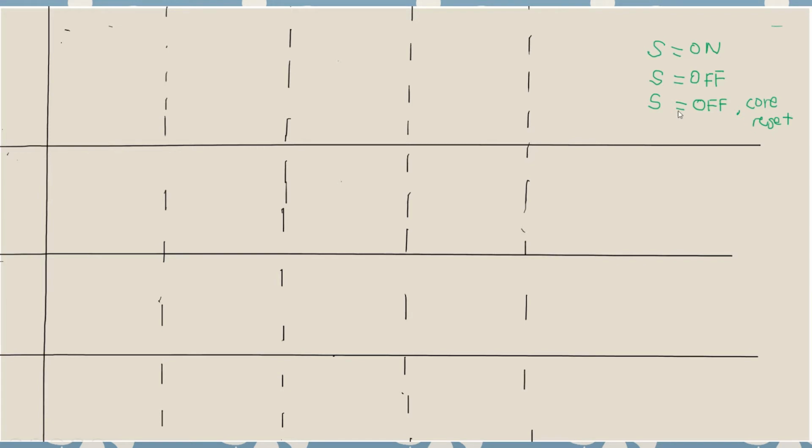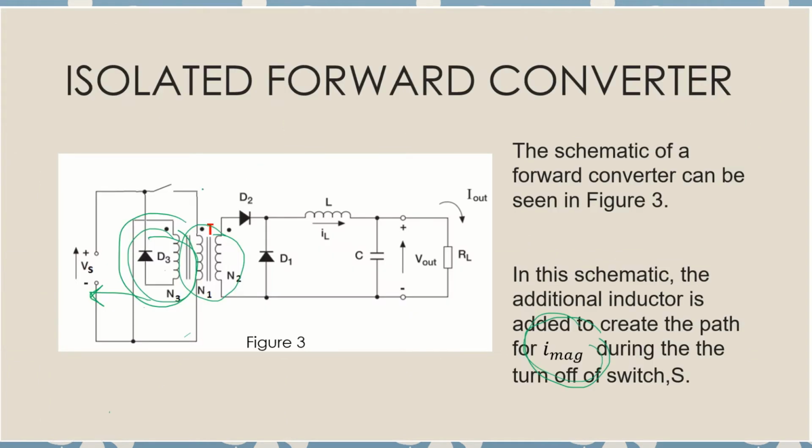So the forward converter has these three main switching states, because S is the switch. Where is S? Here is S, this is the switch. So this switch has three states: one when it's on, one when it's off, and also when it's off but in core reset. That's what we're going to have a look at.